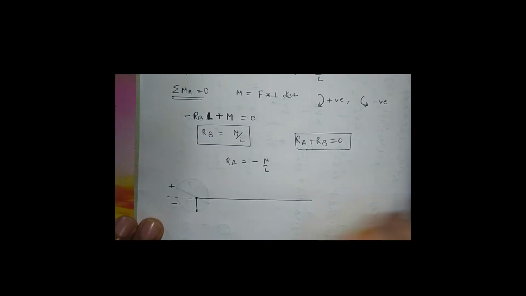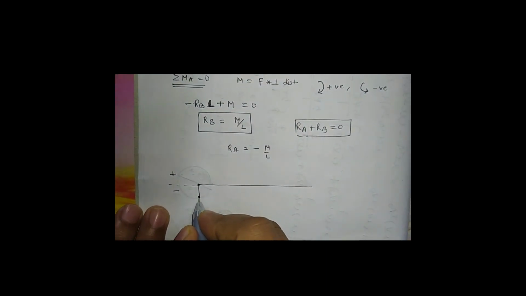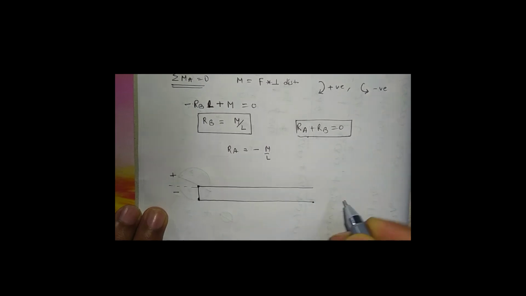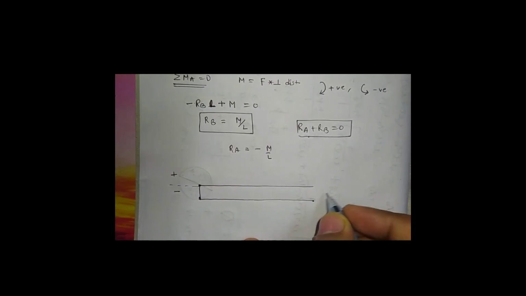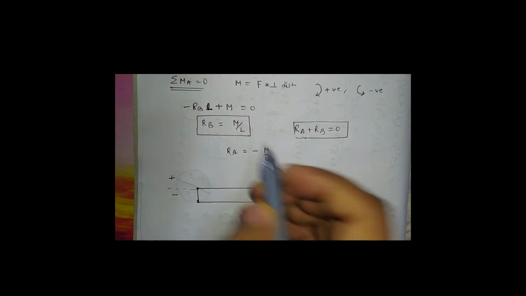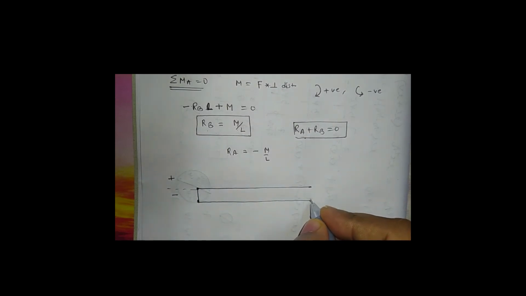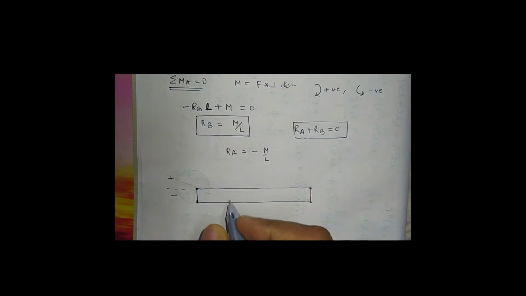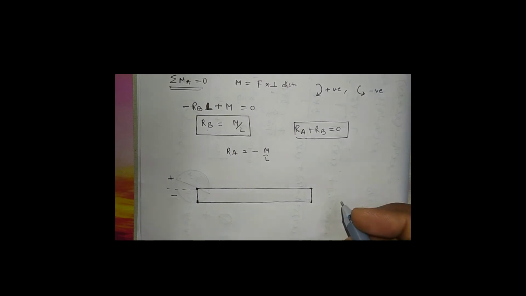So there is no point load and no distributed load, and the shear force will remain constant up to point B. At point B, there is force RB, M by L, so the shear force diagram will go to 0. So this will be the correct answer, C is the correct answer, M by L.